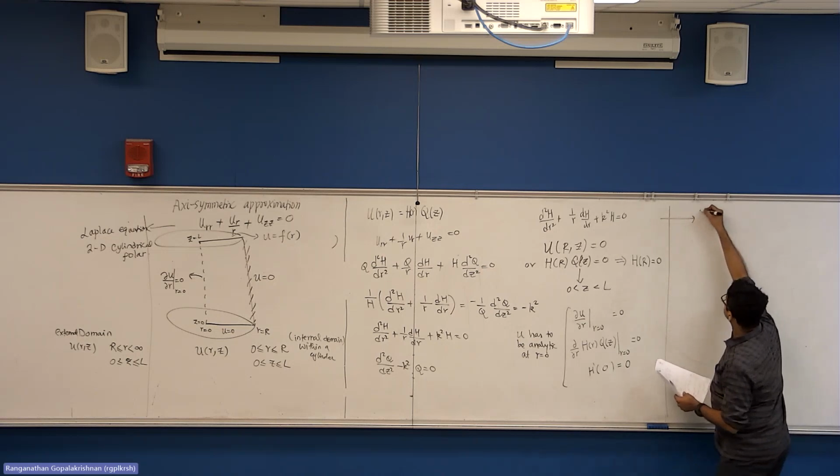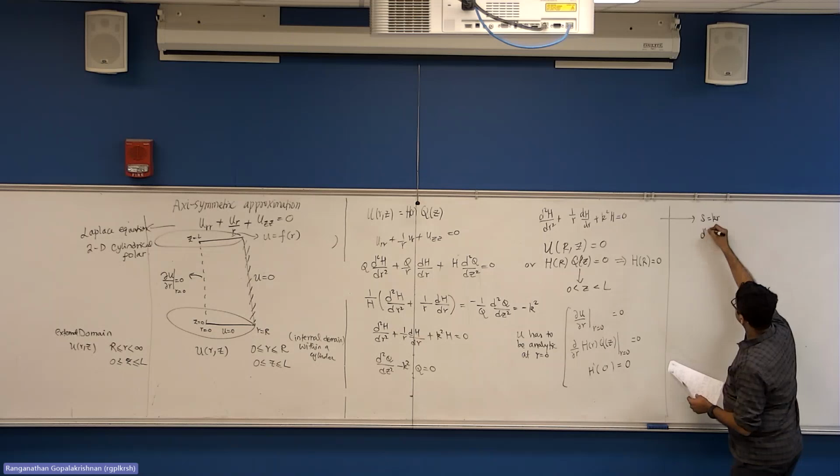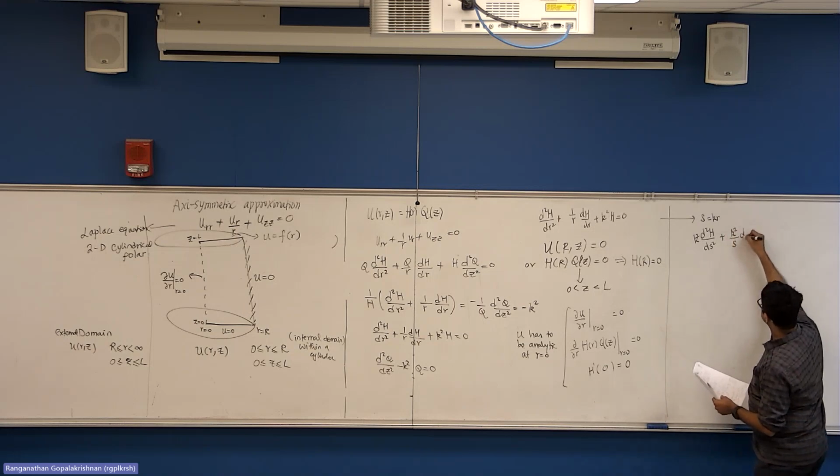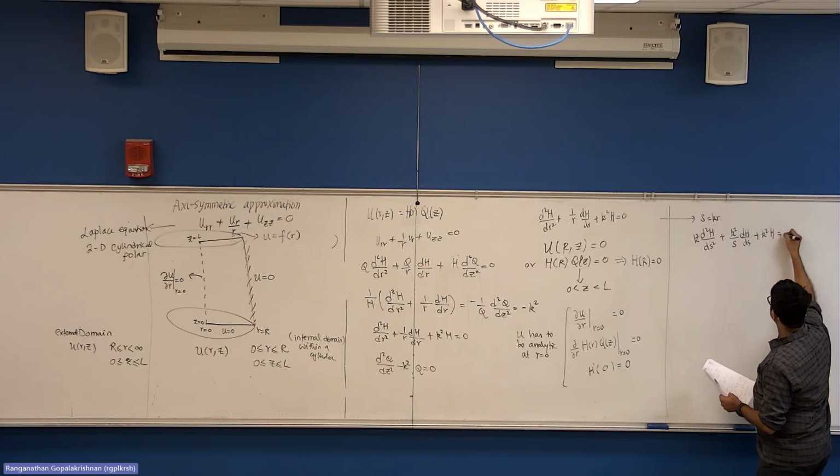So we apply the transformation s equal to kr, which means we get d squared h over ds squared times k squared plus k squared over s dh over ds plus k squared h equal to 0.